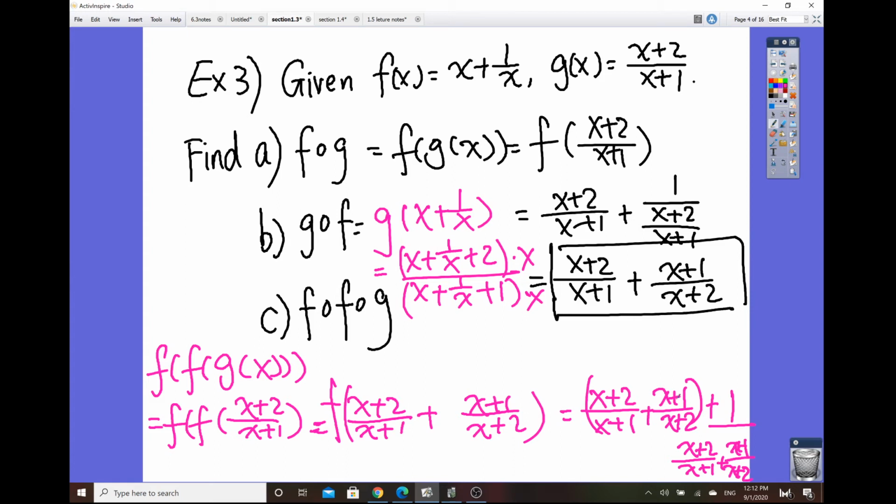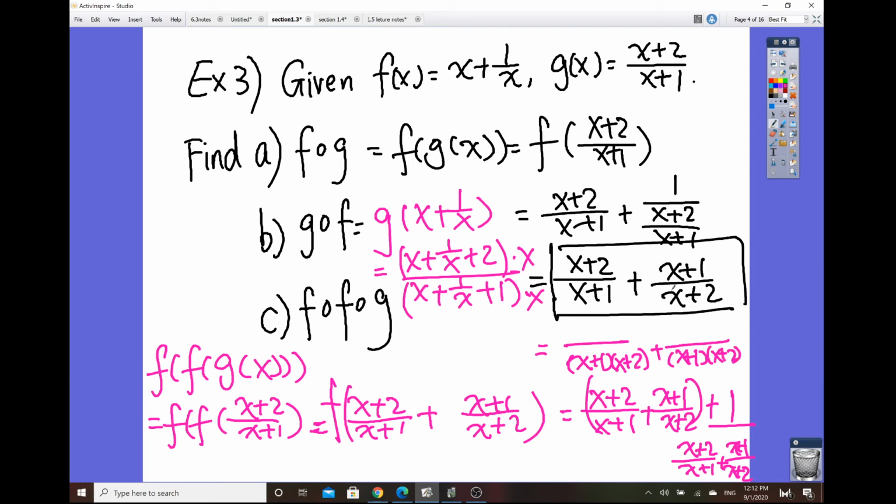For those of you wondering, can I simplify it? Yes, you can combine those. You can find the least common denominator and convert this one to the reciprocal form. So basically just find the least common denominator, which is x plus 1 times x plus 2. The other one is pretty much the same, x plus 1 times x plus 2.